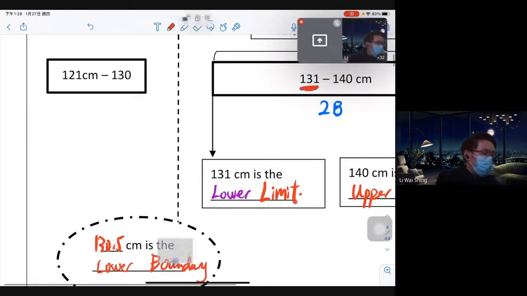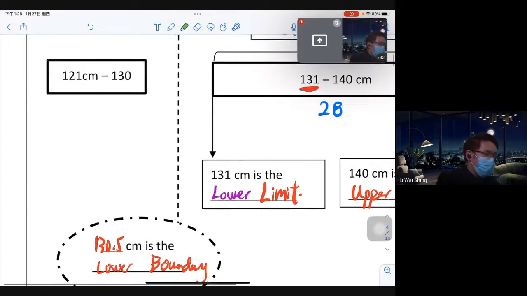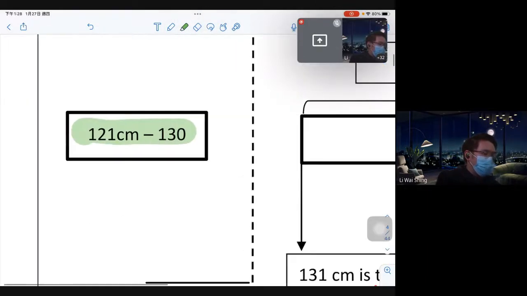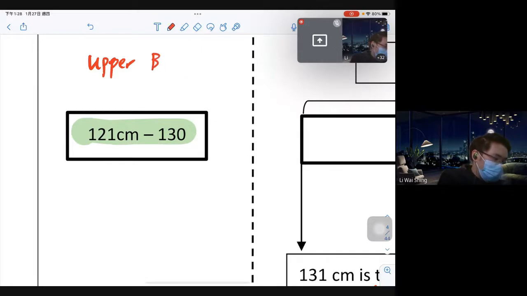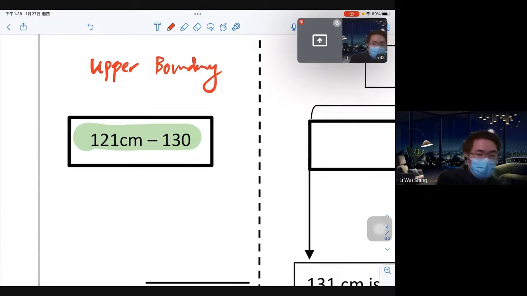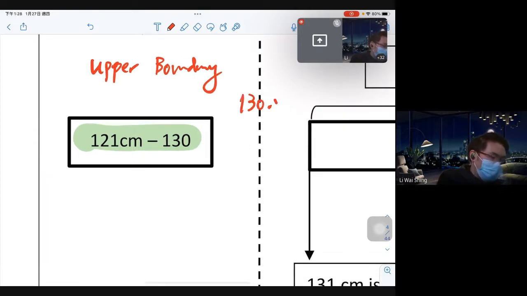What about this class? 121 to 130. What is the upper boundary for this class? The upper boundary. What is the value? Yes, 130.5 cm.